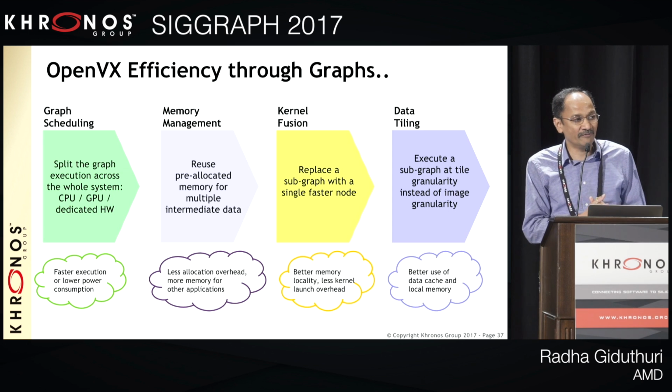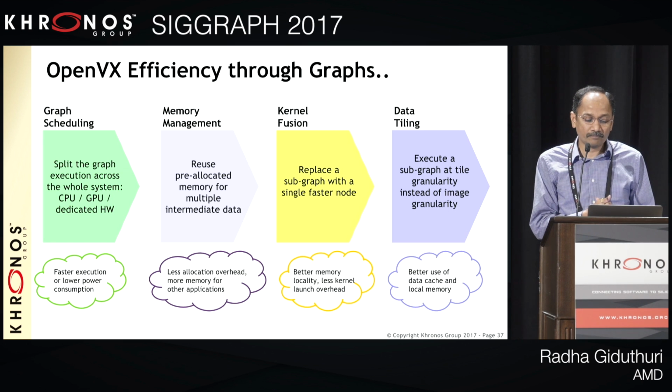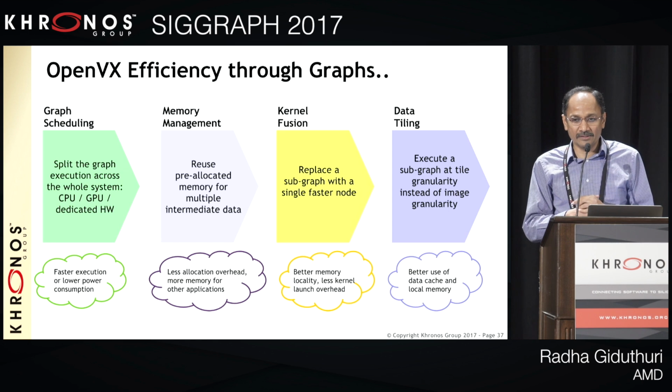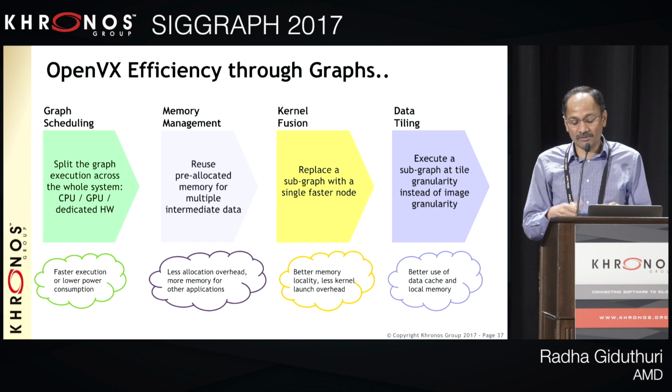I think one example I gave earlier was a color conversion. That's a very simple example. The way to think about it is, I think one example that Ralph has noted is about fusing some of the kernels. One example that I use is an OpenCL-based implementation in AMD's OpenVX, which is open source.